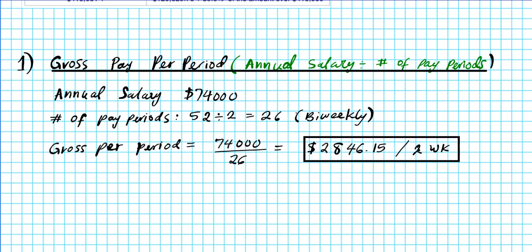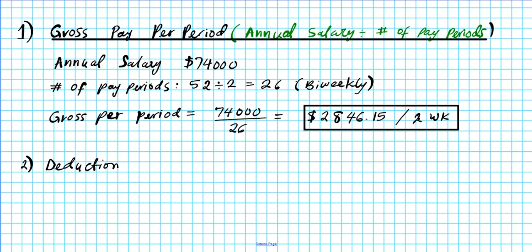Let's go ahead and box that. Now the next thing we are asked to determine are her deductions. Okay? Deductions are the dollar figure amounts that are subtracted from her paycheck before she gets her final net pay.